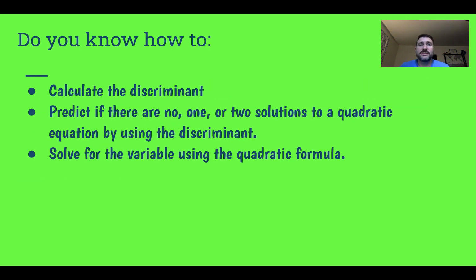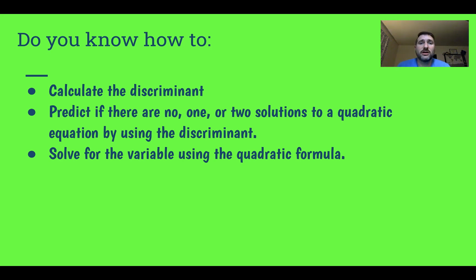So after this lesson, do you now know how to calculate the discriminant? So b squared minus 4ac, what was under that square root? Do you know how to predict if there are no, 1, or 2 solutions to a quadratic equation by using that discriminant?